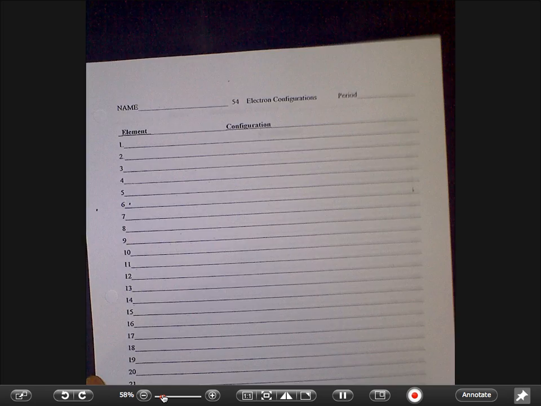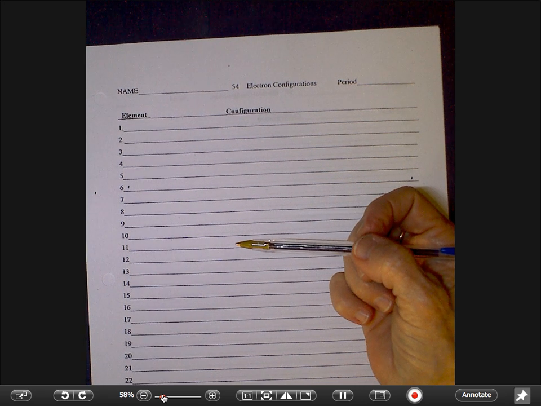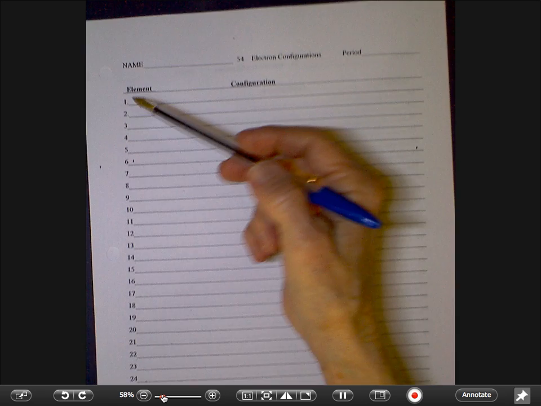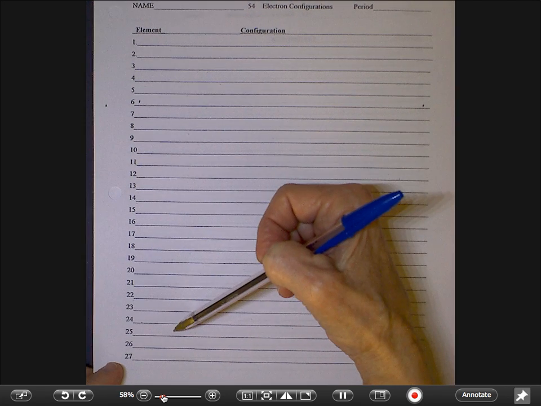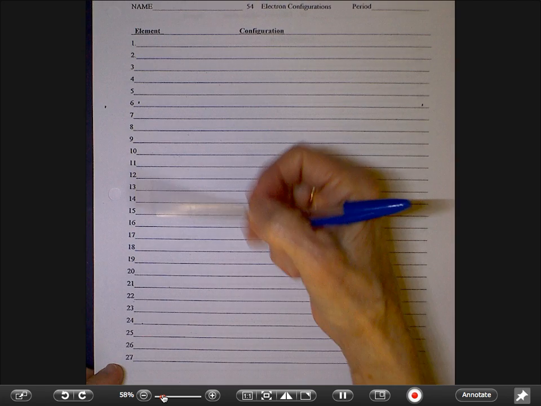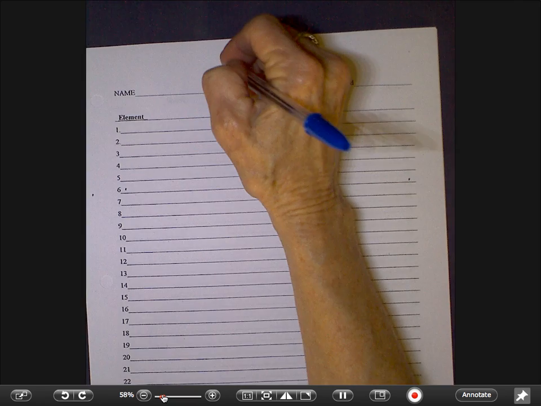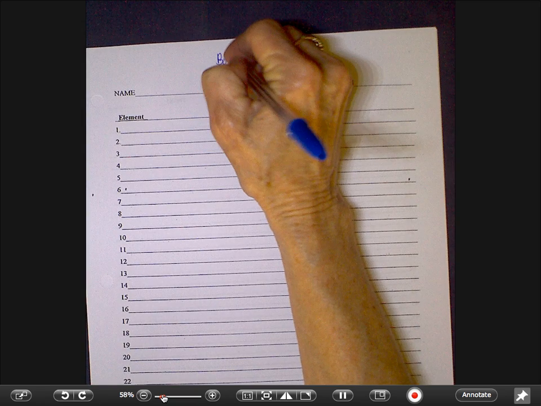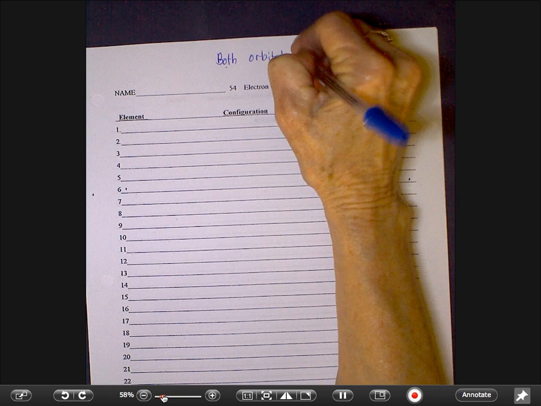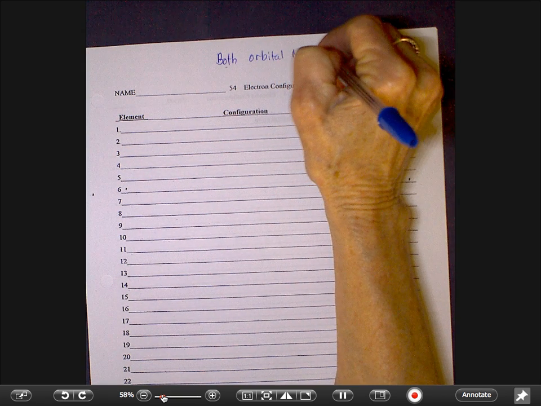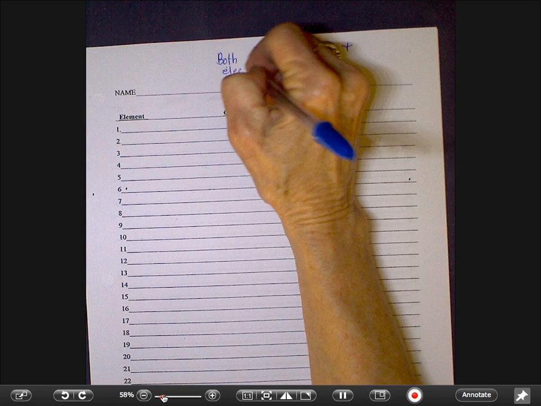Now then, if you look at my board, the front page is numbered 1 through what? 27. Okay, so the first 27 elements will be done on the front page. You will do both orbital notation and electron configuration on the front.